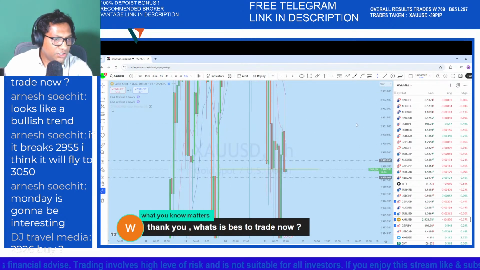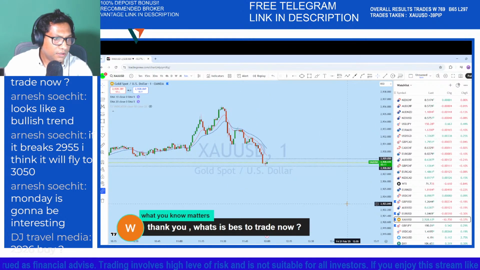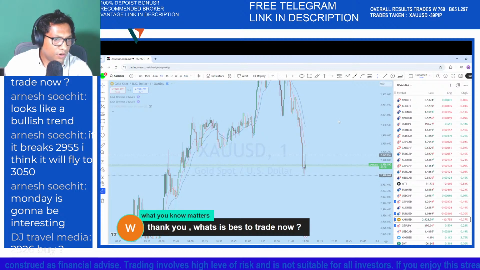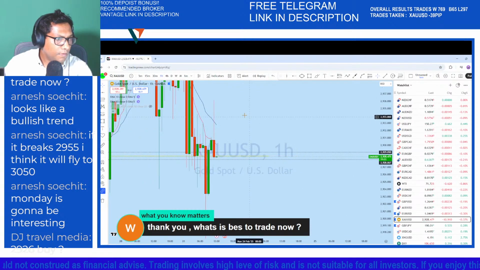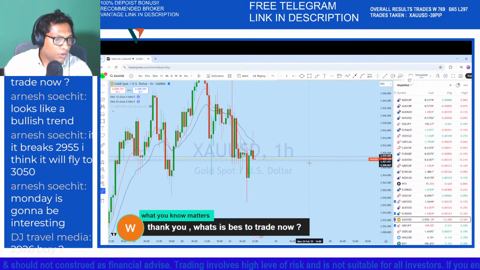Look at the 1 minute chart here. Okay, again, and if you look at the 1 hour, a long bearish candle, looking at this support.